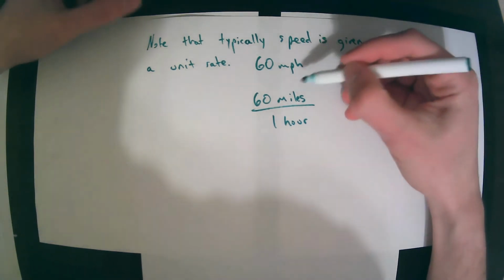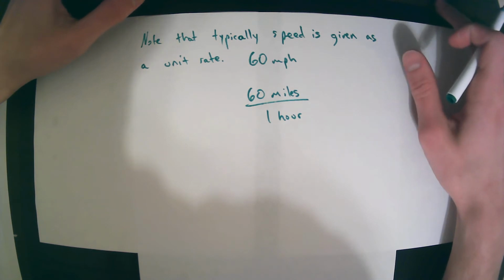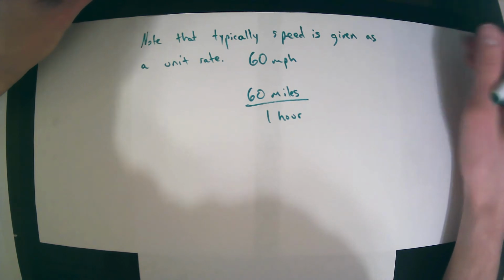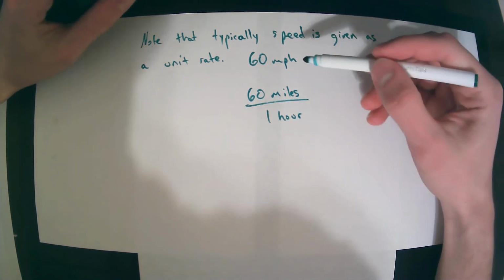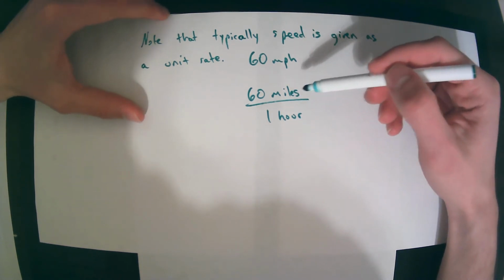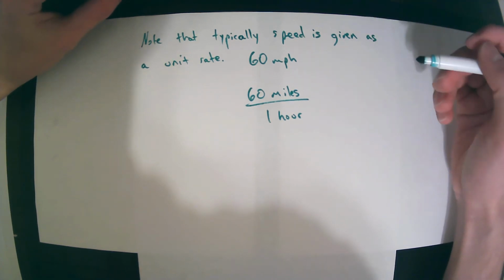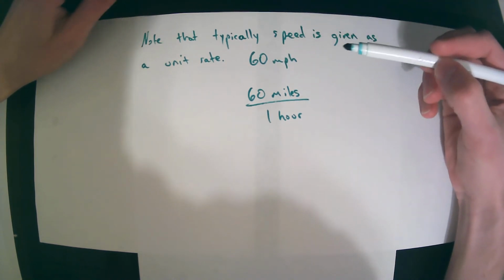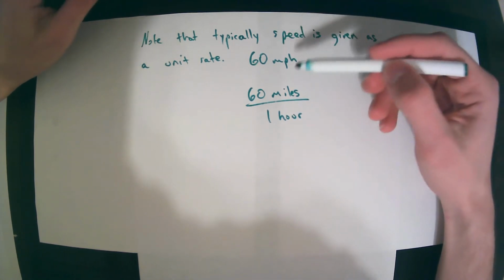I want to make another note here just about the units. This isn't necessarily part of any problems we're going to do, since we're not going to deal with the metric system too much, but if you're going into any science, like chemistry or anything like that, you should just know that typically when you abbreviate miles, you abbreviate it as mi, because the letter m is used for meters, which makes this little mph thing a little bit misleading, but since we use mph so much in America, we all just know it means miles per hour.